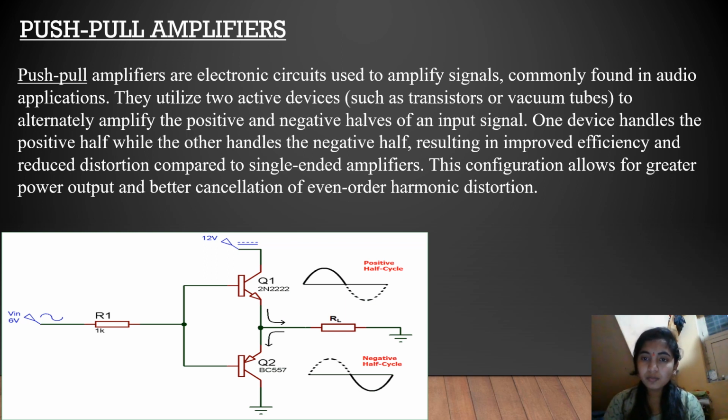If one device handles the positive half cycle, the other handles the negative half cycle. This results in improved efficiency and reduced distortion compared to single-ended amplifiers. This configuration allows for greater power output and better cancellation of even-order harmonic distortion. Here we can see the circuit diagram of a push-pull amplifier.